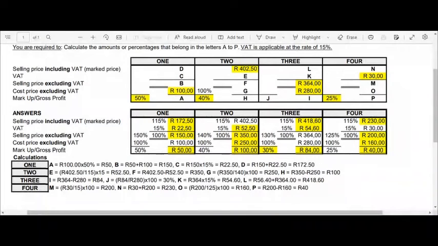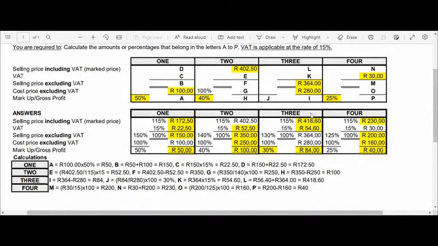So we have calculated the output or input VAT, whatever this was. We were given the exclusive amount, and we've calculated the inclusive amount. So now we can ignore the VAT and focus on our basic inventory principles.